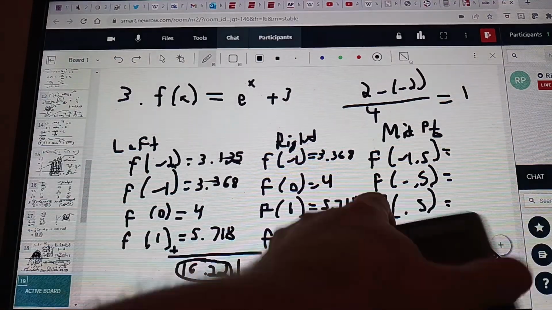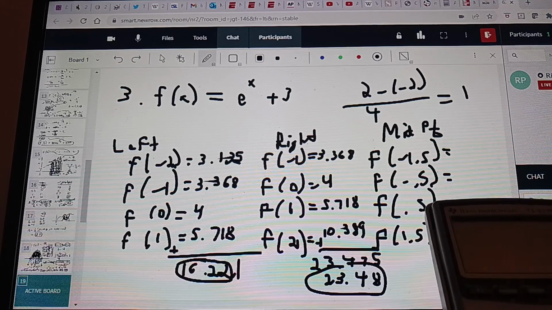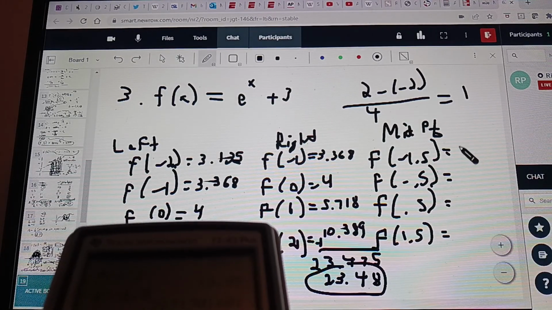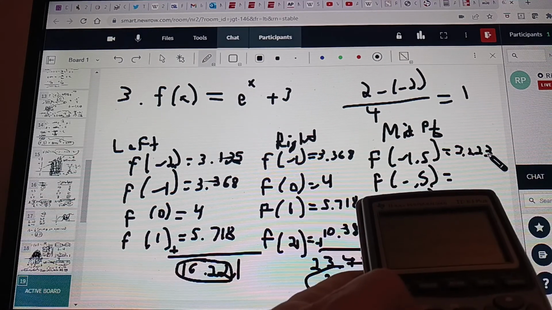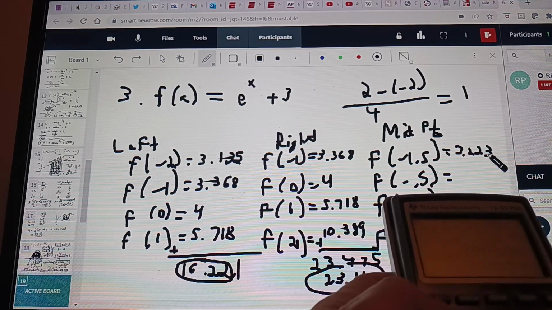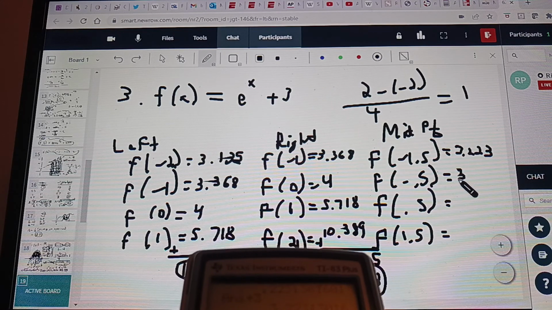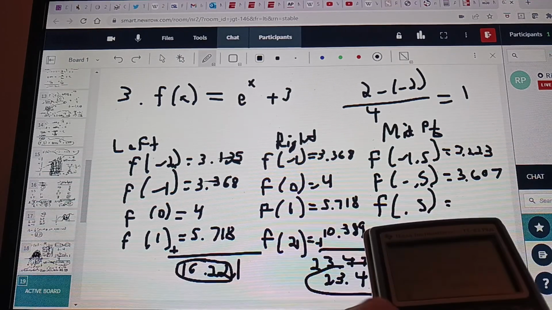So unfortunately, I have to do all this all over again. E to the negative 1.5 plus 3. The first estimation is 3.223. And then e to the negative 0.5 plus 3 is 3.606, except the next digit's 5 or higher, so I'll make it 607.